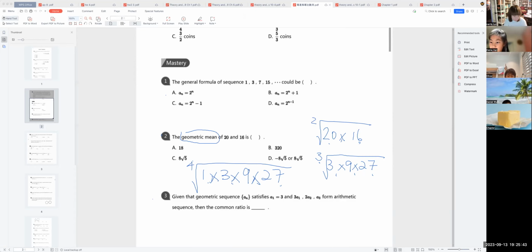Okay. 老师要不要帮帮你们？ Do we have to do like the other ones? 1, 2, 3. 3 questions.